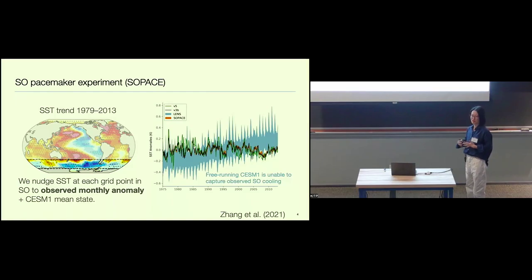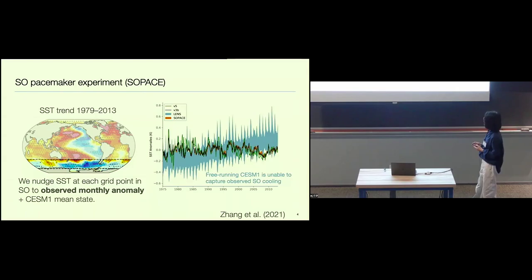We're trying not to change the model's mean state because that could create problems that we don't want in our simulations. The rest of the globe is able to evolve freely, so it's just in a normal fully coupled mode. Then we can look at the impact of having this observed SST pattern or evolution on the rest of the globe.